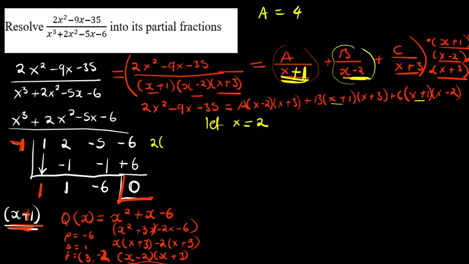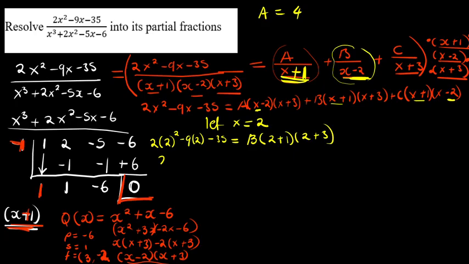So it will be 2 there, then 2 squared minus 2 minus 35 equal to b times, when I put 2 there it will be 0, when I put 2 this side it will be 0. So the only thing that I'll remain with is b. So it will be 2 plus 1, then 2 plus 3.